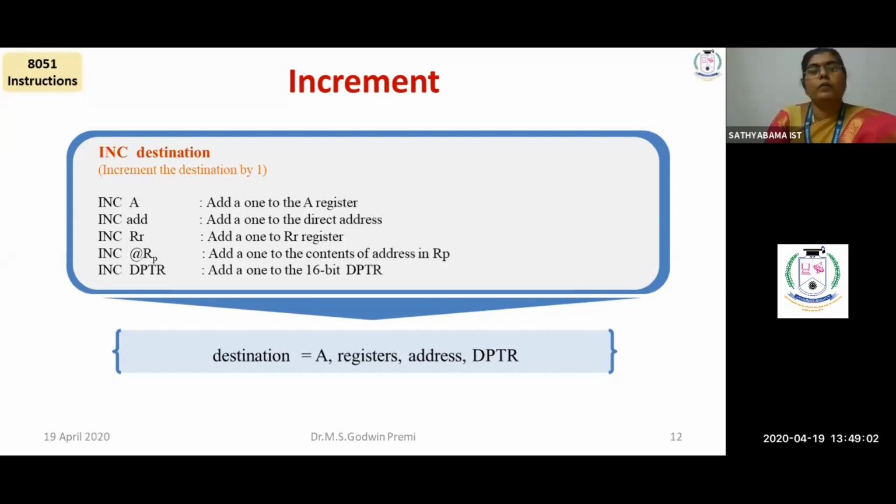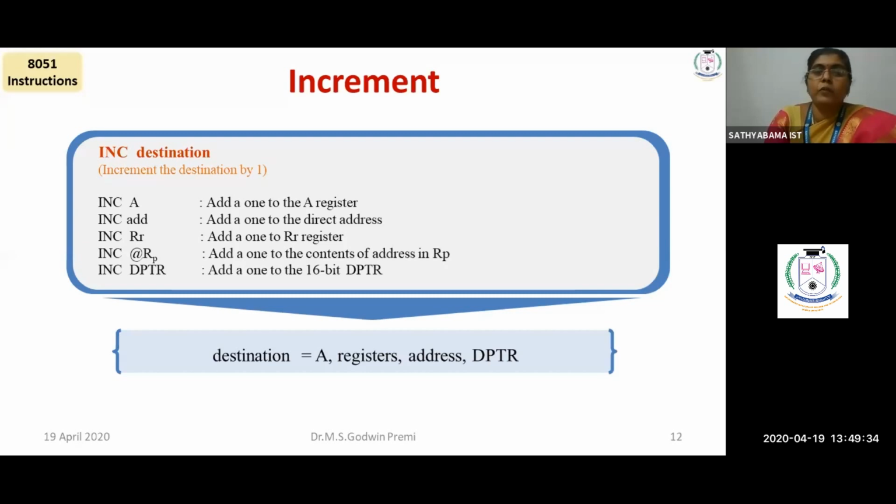Next, coming to the last instruction, increment DPTR. DPTR is the data pointer, which is a 16-bit register in the 8051 microcontroller. Here in the data pointer, one is added by using increment DPTR. Actually, DPTR is a 16-bit register which is present as two 8-bit registers, DPL and DPH.